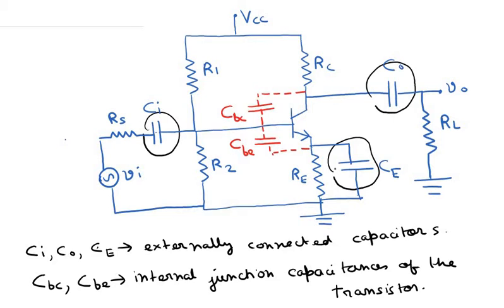I again repeat that when we calculate the gain of the transistor amplifier, which we have done earlier, we assume that at the frequency of the signal, Ci, Ce and C0 are basically behaving as short circuits, and that is why we do not put these capacitors in the small signal AC model. Now, this gain that we calculate assuming Ci, Ce and C0 are behaving as short circuits is known as the mid-band frequency gain.